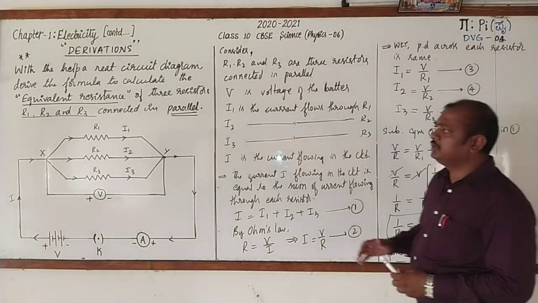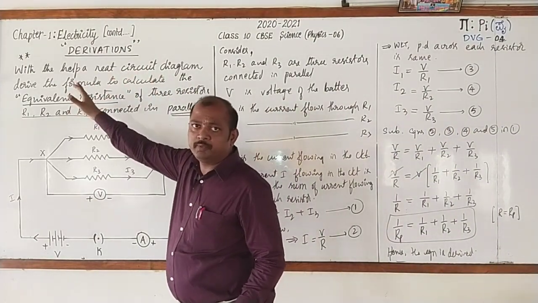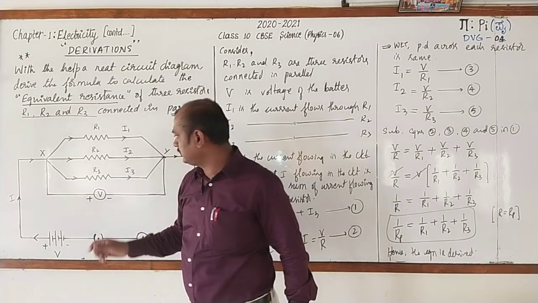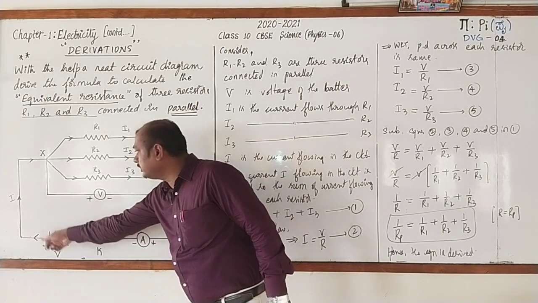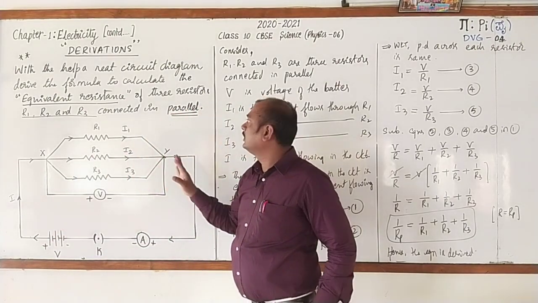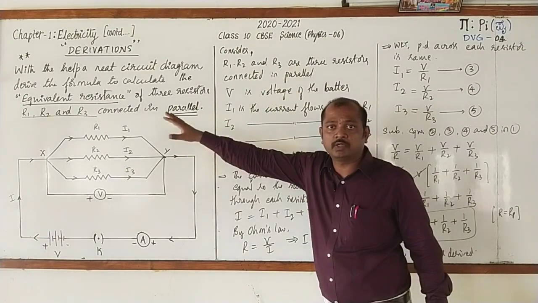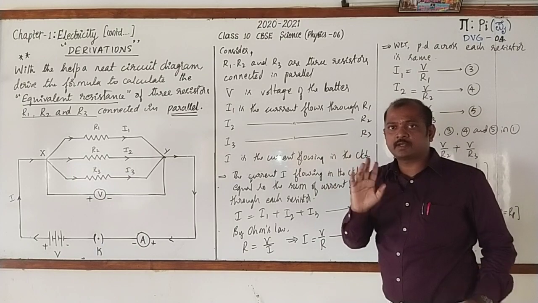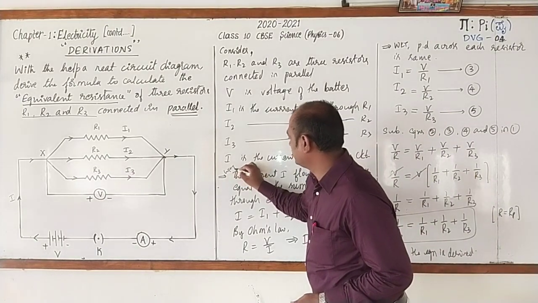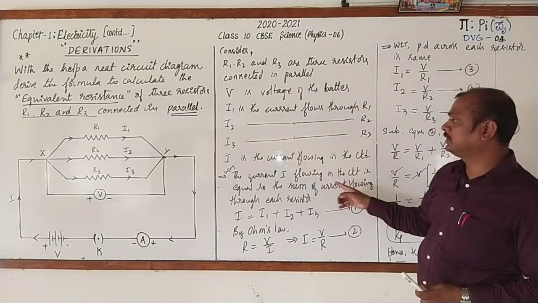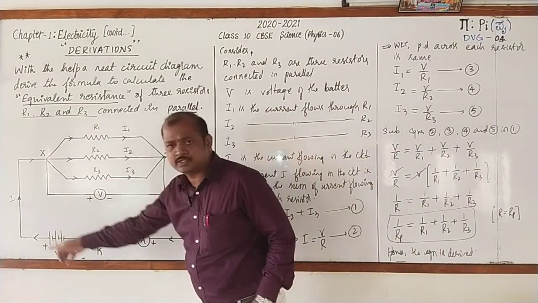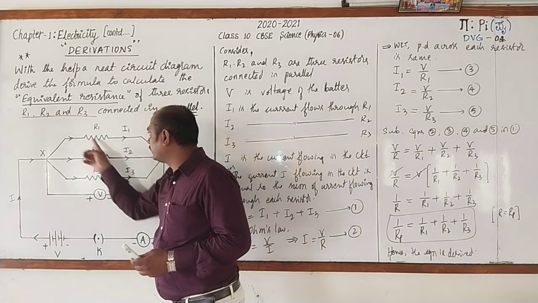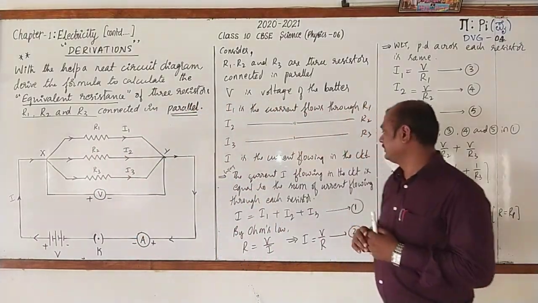Now, here you have to copy from here to there. First you copy the question. Circuit diagram is very important with terminals and direction of current. And second important, the terms, what all the terms we have used there, they are to be written. Next, two reasons are very important. One is, the current flowing in the circuit, the current constituted in the entire circuit, is equal to the sum of the current flowing through each resistor.